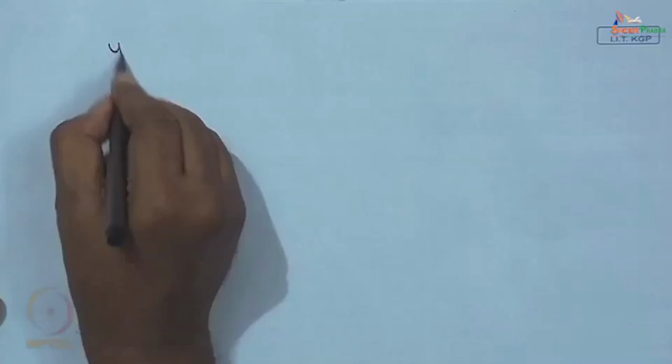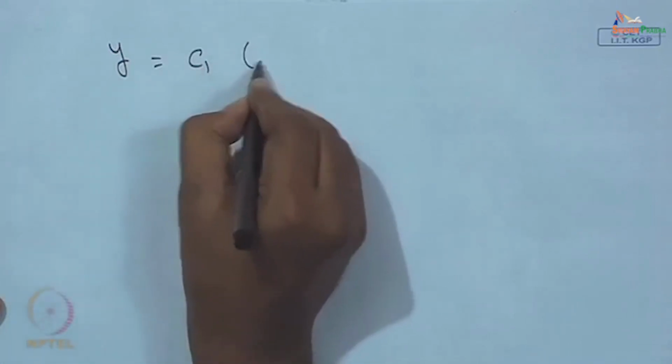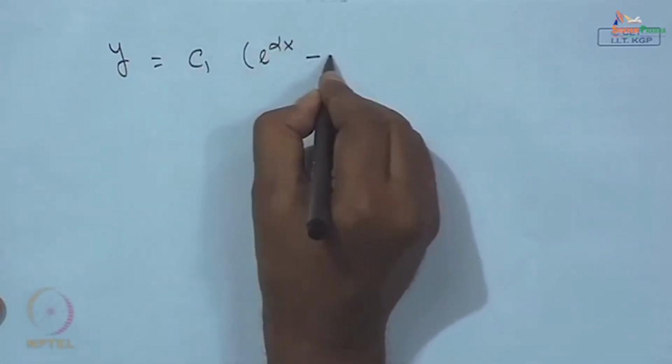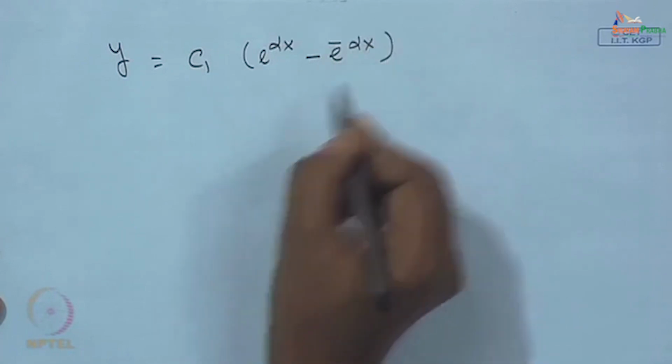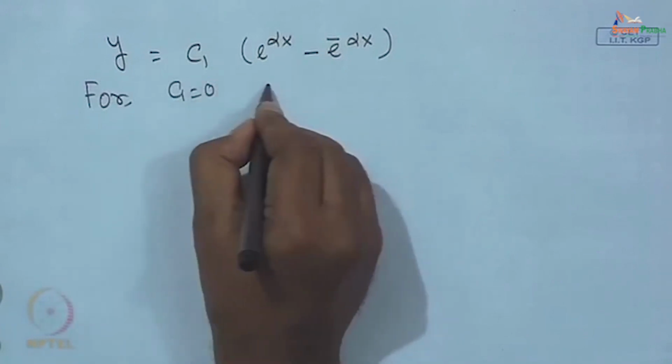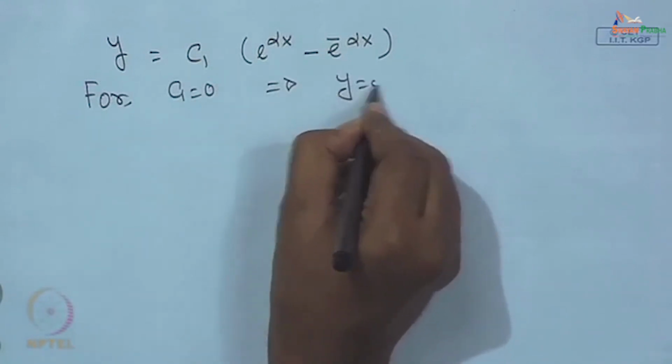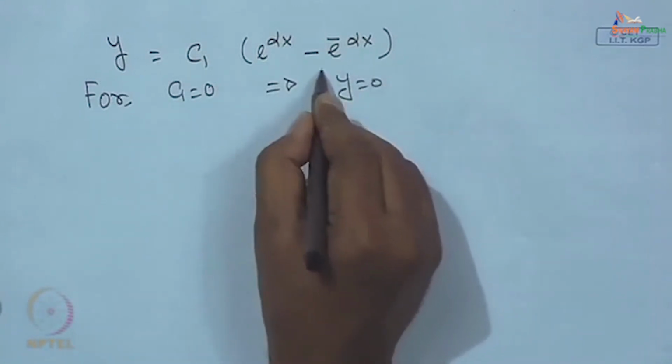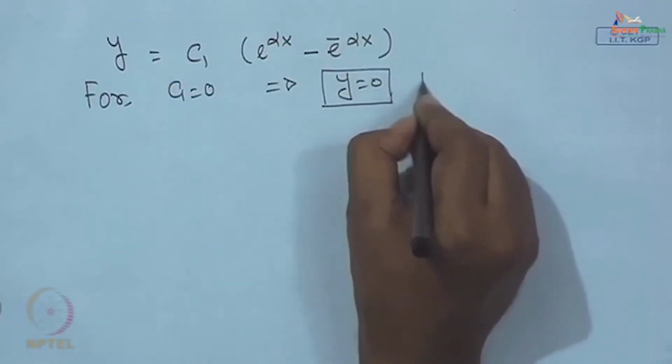If we look into the solution, the solution was y is equal to C1 times e to the power alpha x minus e to the power minus alpha x. For C1 equal to 0, of course, you will be getting y is equal to 0, which is nothing but a trivial solution.